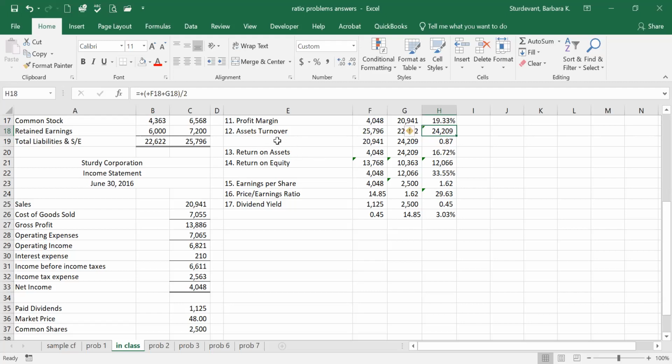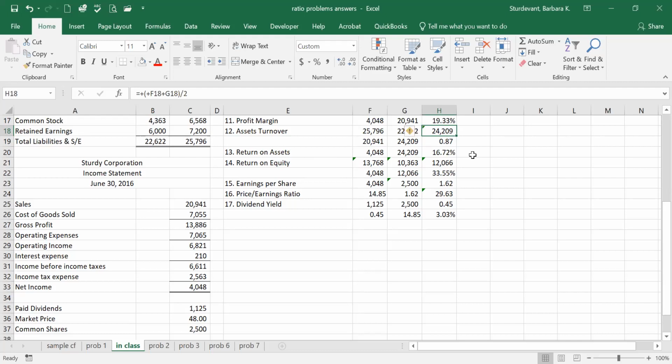In this first one, the return is on your total assets. Well, I already found what the average was up here, so I don't have to do it again. So I'm going to take my net income and divide it by my average total assets. And so that's the percentage being earned on the assets.